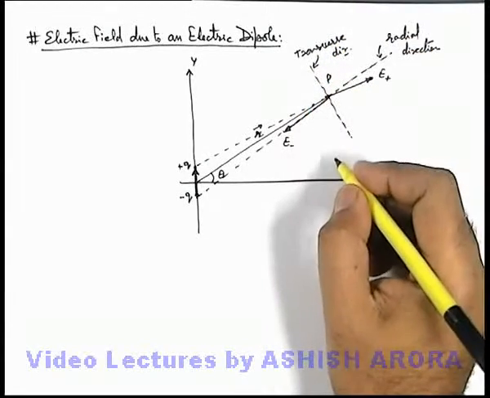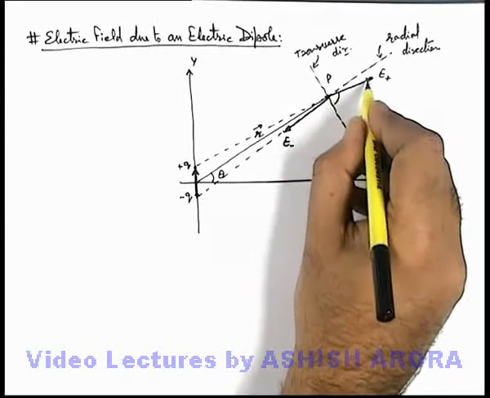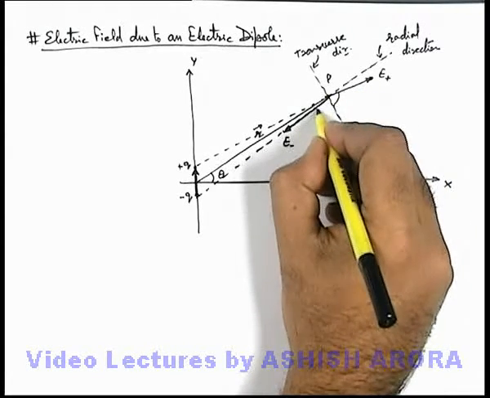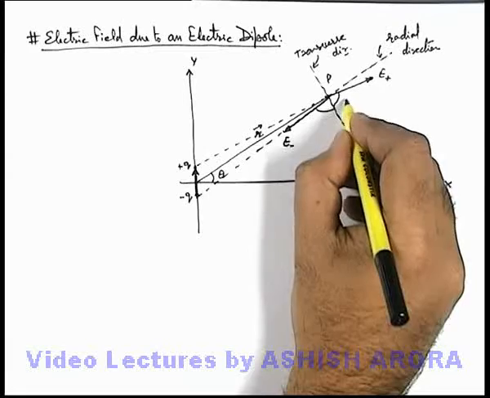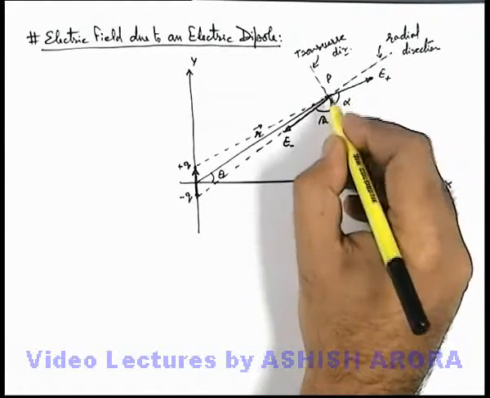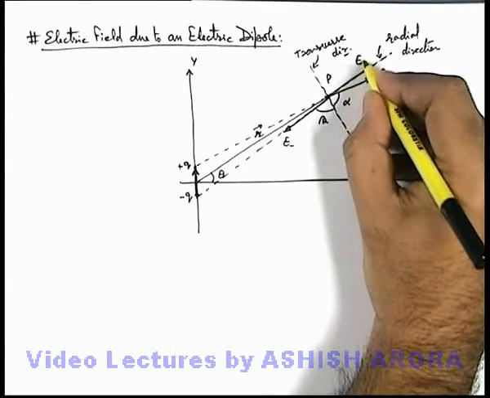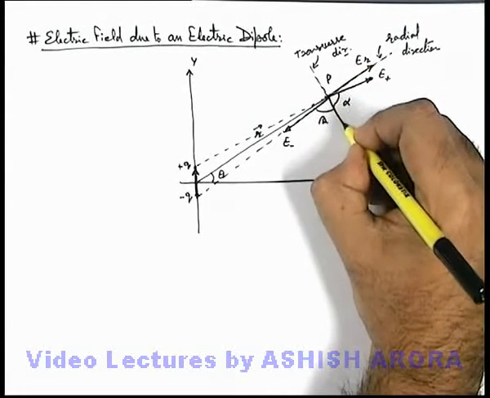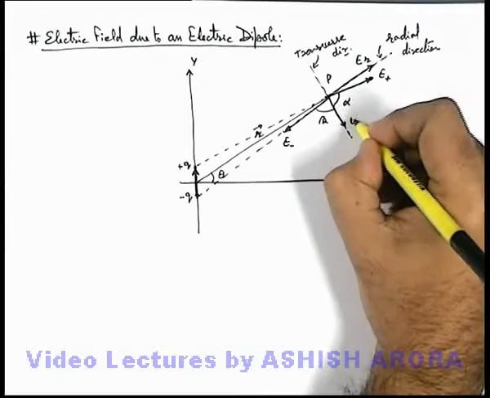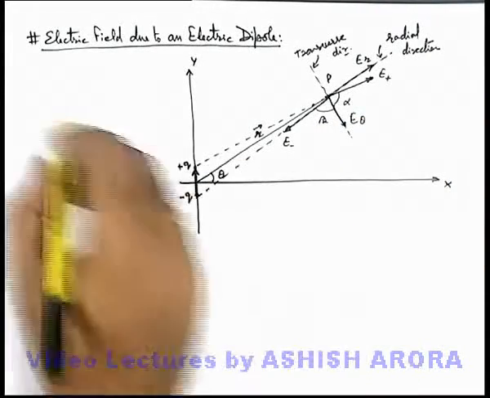If the angles of E due to positive and E due to negative with the transverse direction are alpha and beta, then we can easily calculate the radial component of the electric field, denoted ER, and the transverse component, E theta, due to E plus and E minus.